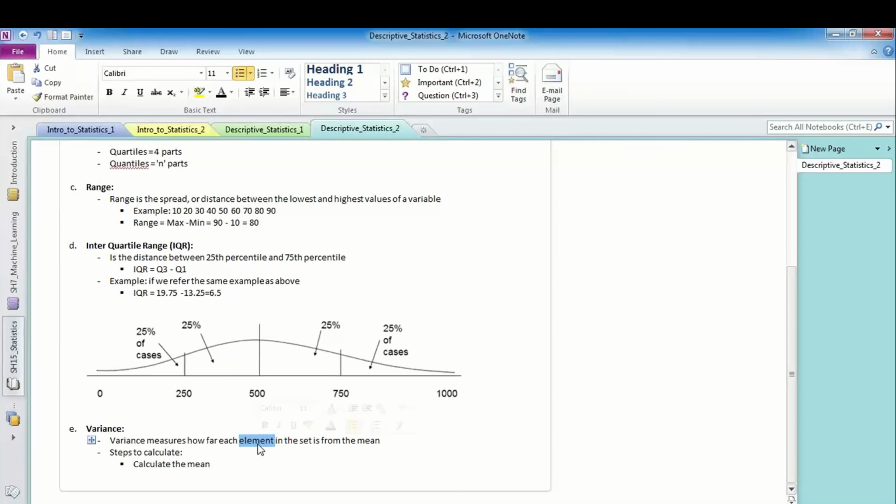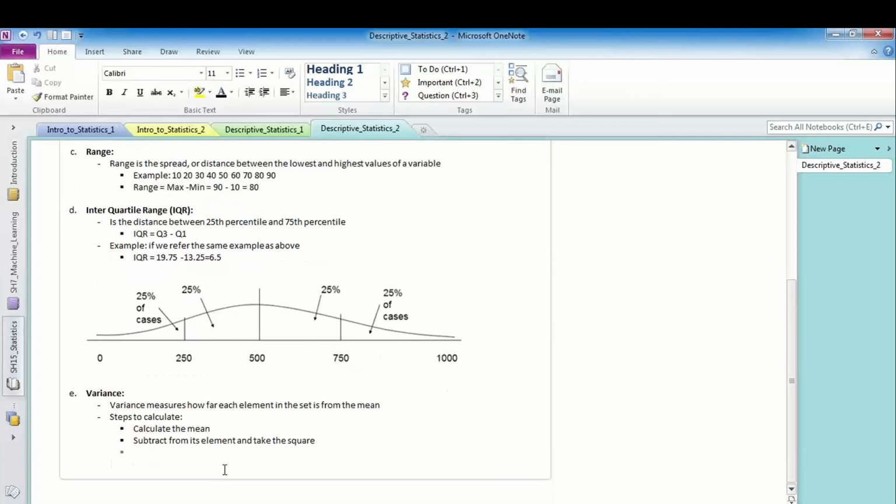Minus. So definitely I need to subtract each element from its mean and take a square, because the square is important: positives and negatives will neutralize each other, so taking a square converts them into one common positive scale.